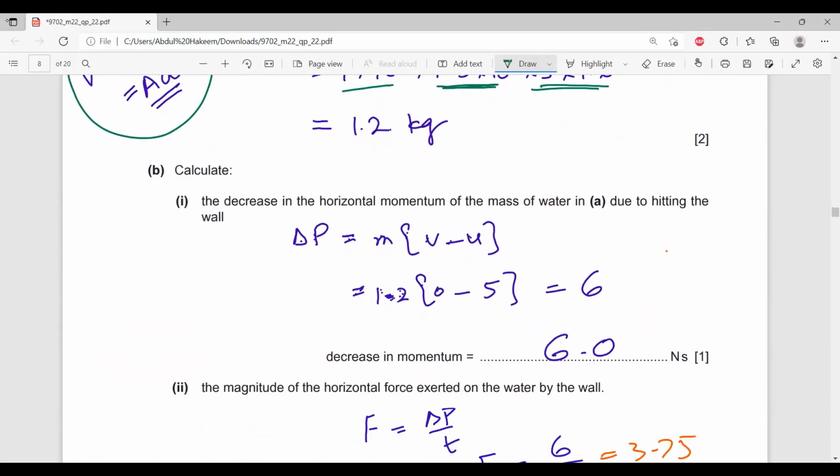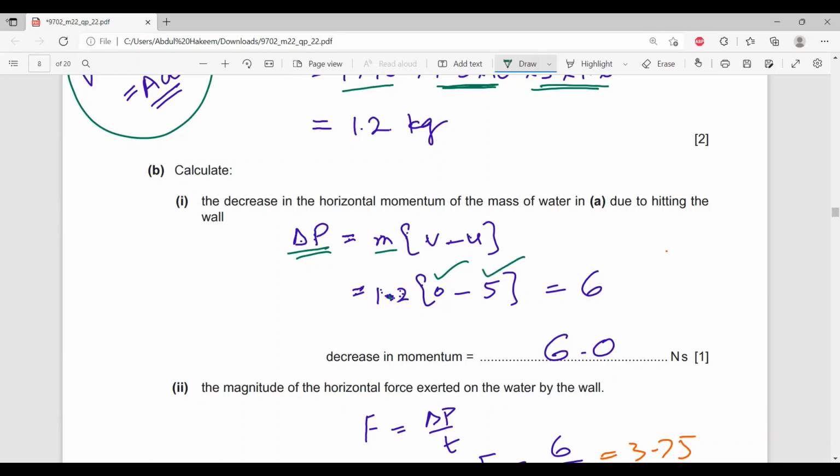Next, calculate the decrease in the horizontal momentum of the mass of water due to hitting. Look, we have already discussed that the final velocity is zero because the water is not bouncing back. So change of momentum is mass times change of velocity. The final velocity is zero, initial is 5.